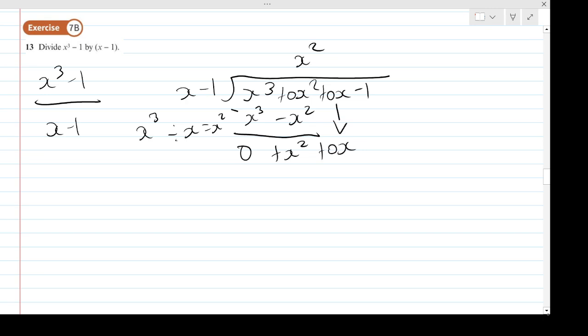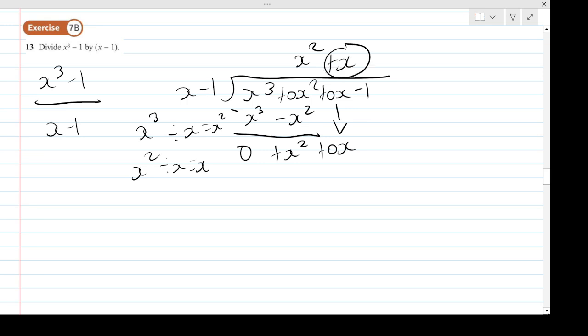Then we need to bring this part down, plus 0x. And so the highest term we have is x squared. So I need to do x squared divided by the highest power outside, which again is x, and that would be x, right? x squared divided by x is x. So I write plus x up here.